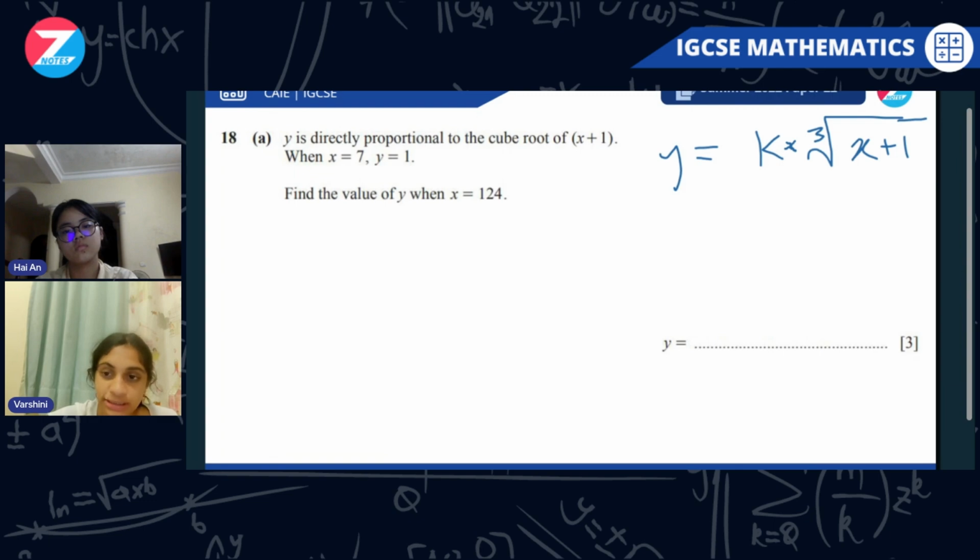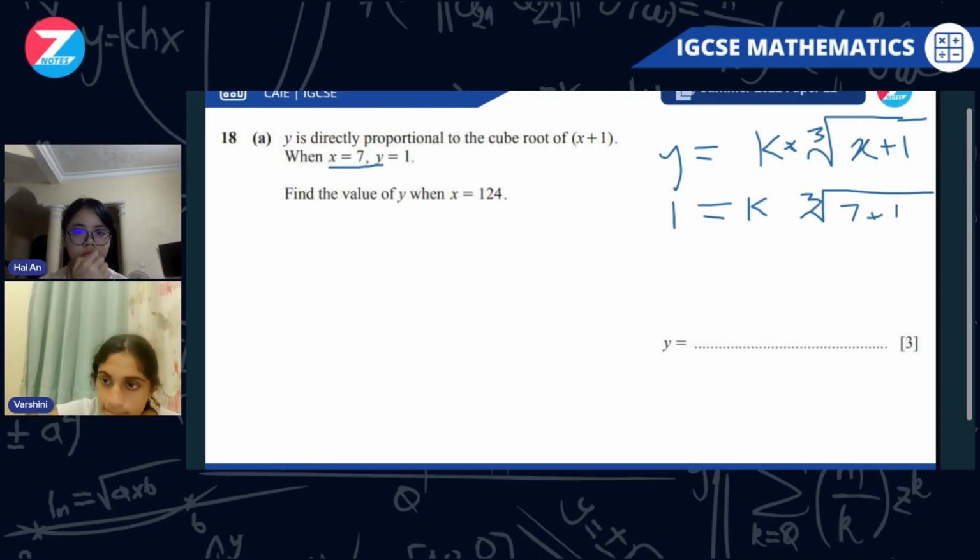So first, let's find the value of k by substituting in these two values. When x is 7, y equals 1. So 1 equals k into the cube root of 7 plus 1. If you put that in your calculator, you should get 1 equals k into 2.